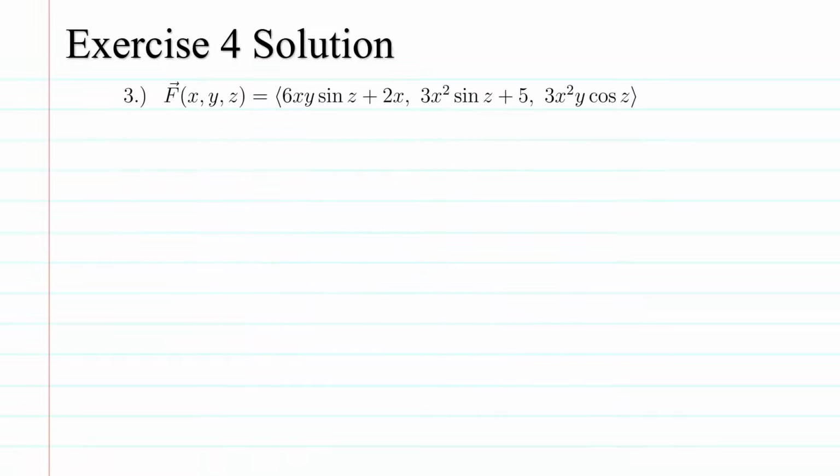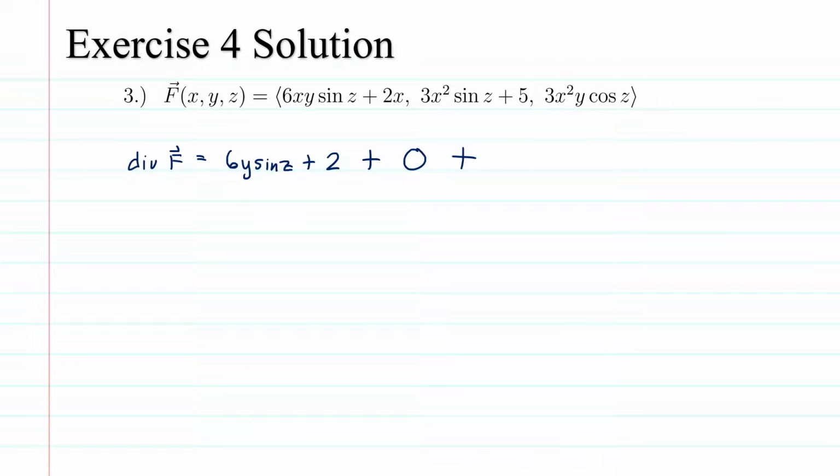Okay, for number 3, diretso na natin yung final answer. So, una, div f, again, so ano yun? Partial ng first with respect to x, so that's 6y sine z plus 2 plus derivative ng second with respect to y, it's 0, since walang y dun.